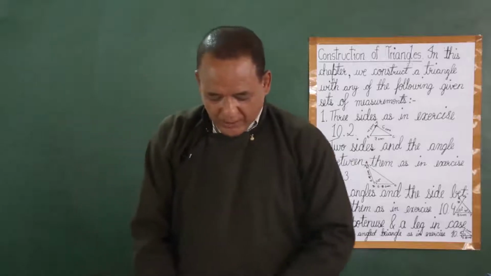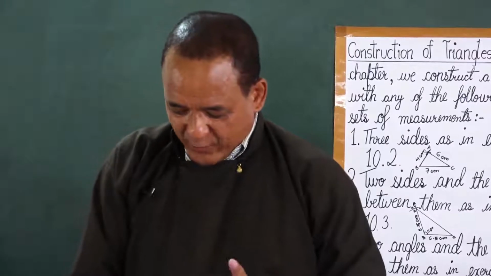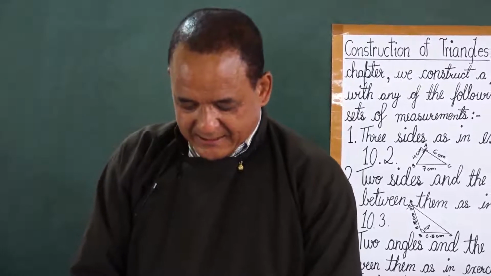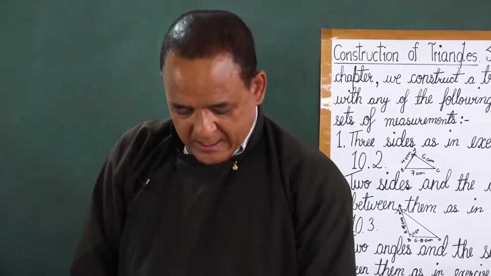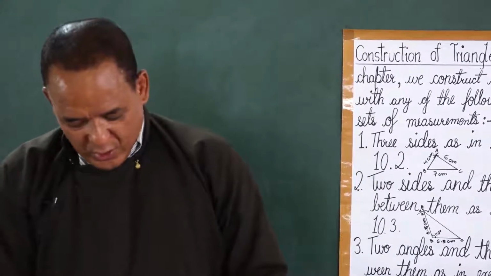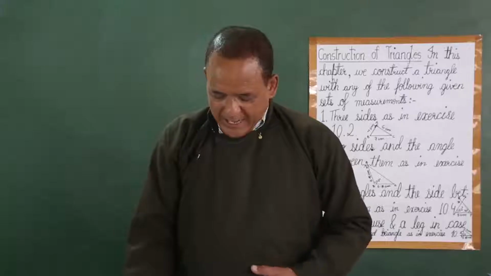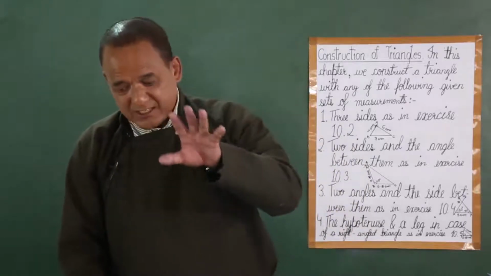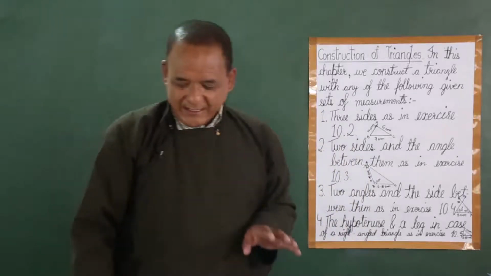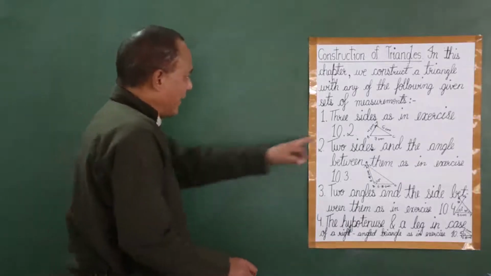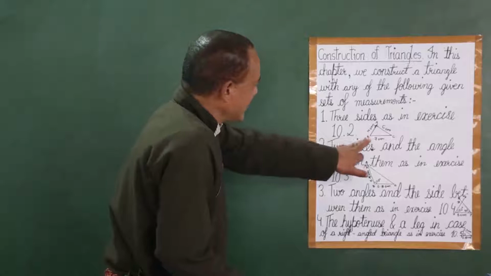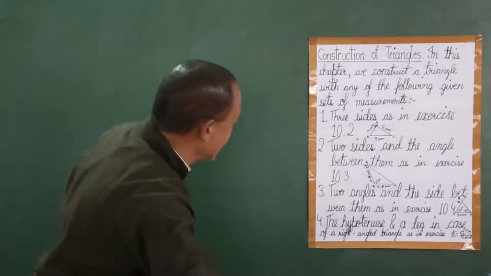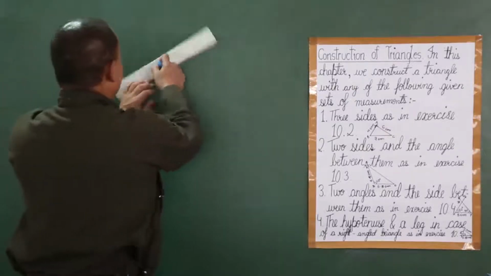We have question number 1, question number 2, and question number 3 in 10.2, where three sides are given, and out of these three sides you have to construct a triangle. Now, for example, I have 4 centimeters, 7 centimeters, 6 centimeters. BC is 7 centimeters. You draw a line here. BC is 7 centimeters.